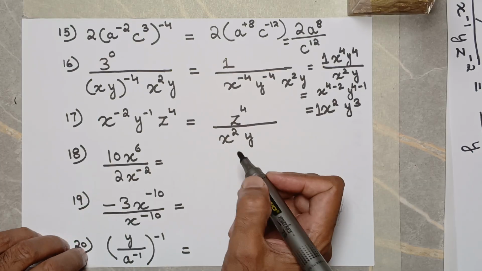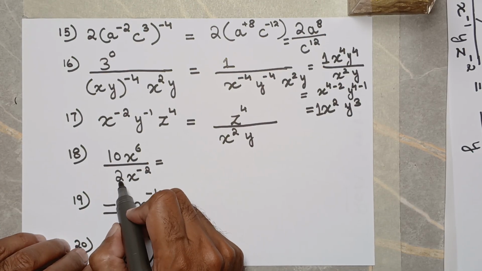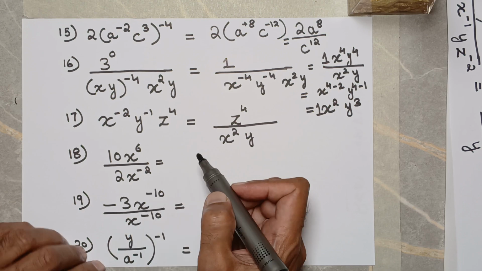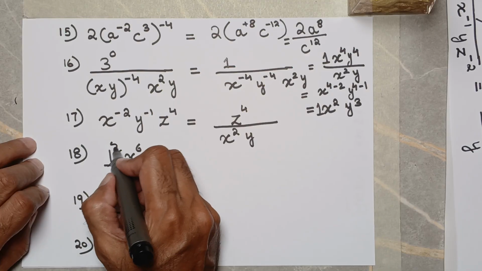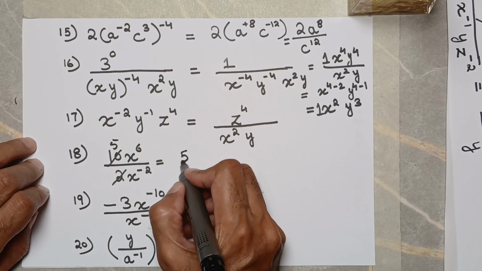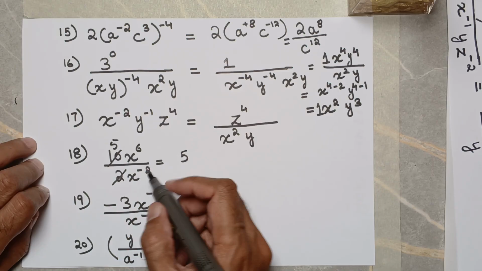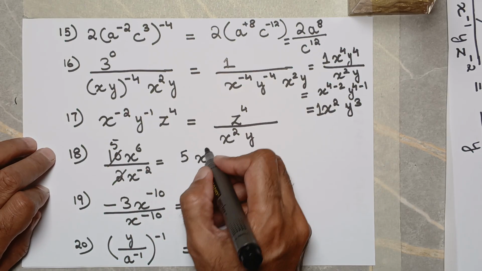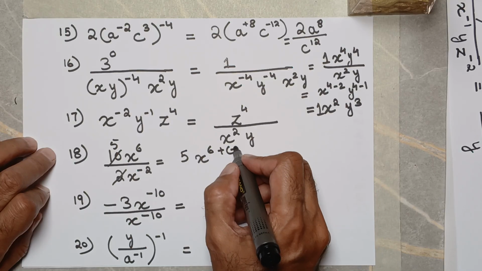Now here we have question number 18. It says 10x raised to the power 6, and in the denominator we have 2x raised to the power minus 2. First, we will divide this 10 by 2, and it will give you simply 5 over here. And what we will do, x raised to the power 6, x raised to the power minus 2, we will simply add 6 plus minus 2.